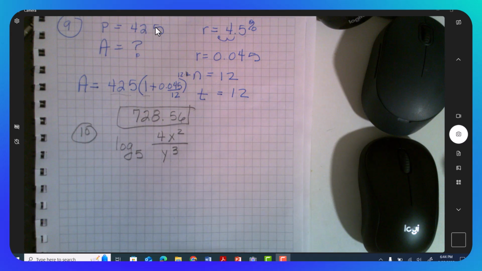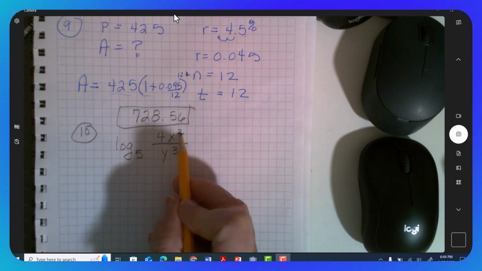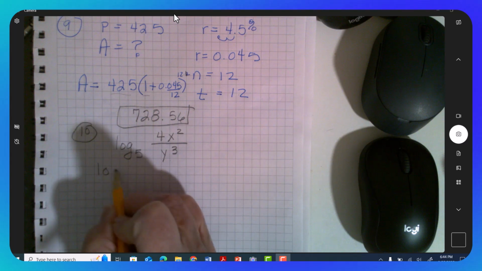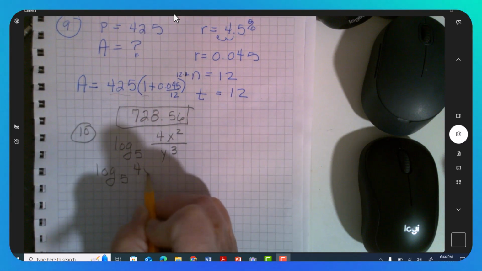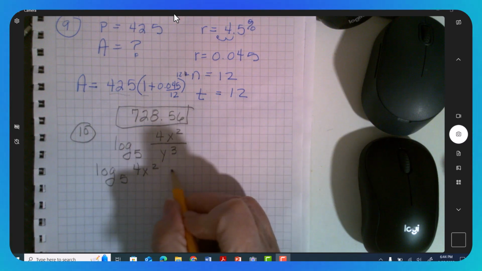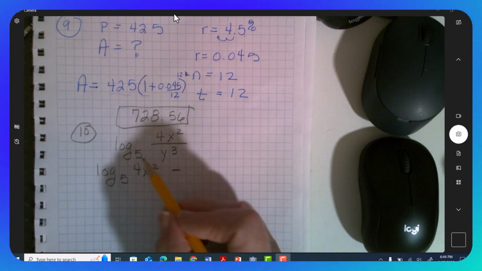Let's use our logarithm rules and pull that apart. So we have log base 5 of 4x squared. Okay, subtract. Division means go back to subtraction.